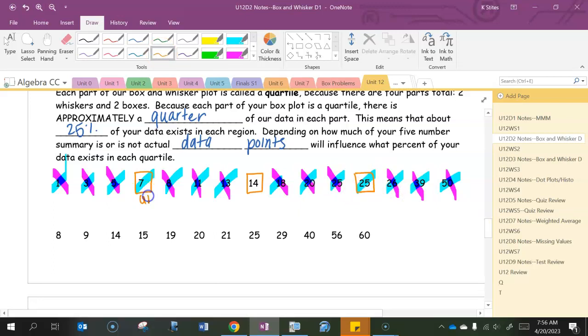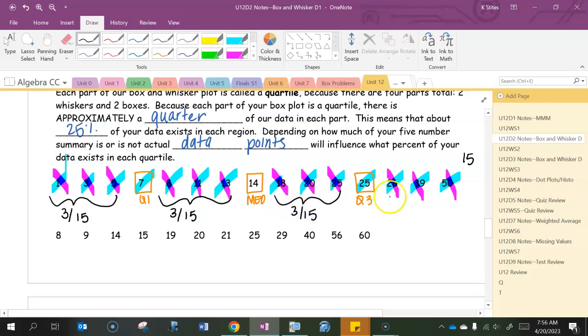Okay, Q1, median, Q3. All right, so if I count these up, 1, 2, 3, 4, 5, 6, 7, 8, 9, 10, 11, 12, 13, 14, 15. There are 15 total numbers. In each of our quartiles, we have 3, 3 out of our 15. Okay, we're not including Q1, the median, and Q3.